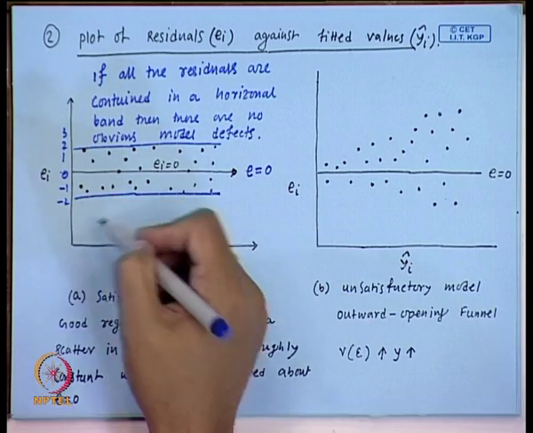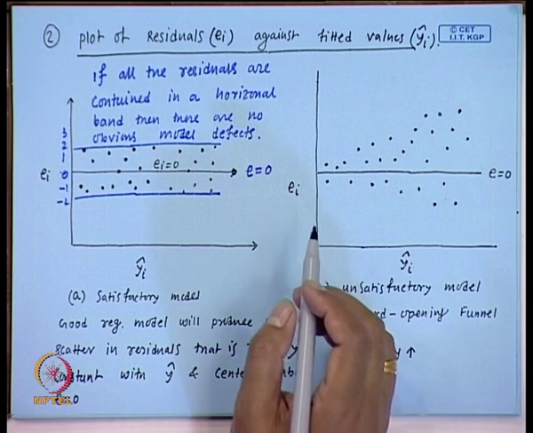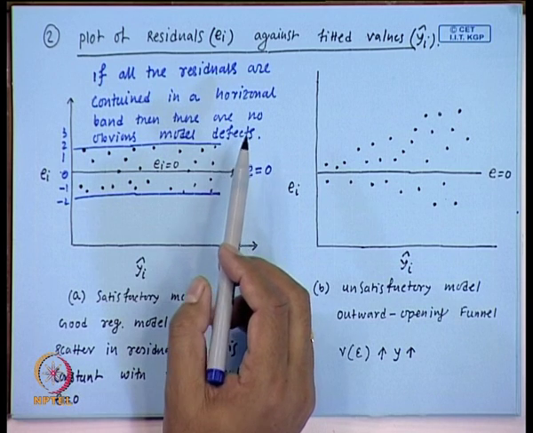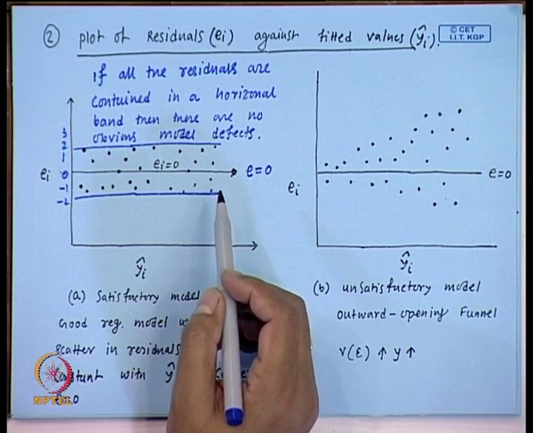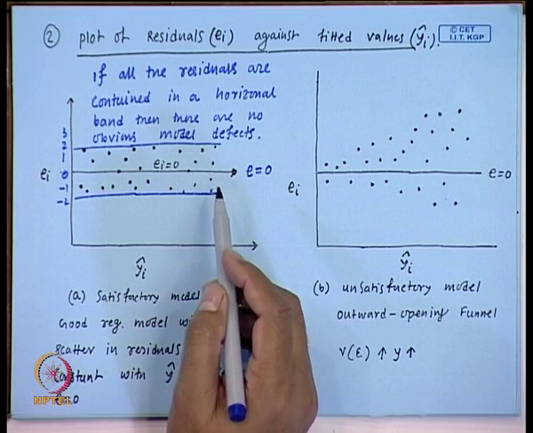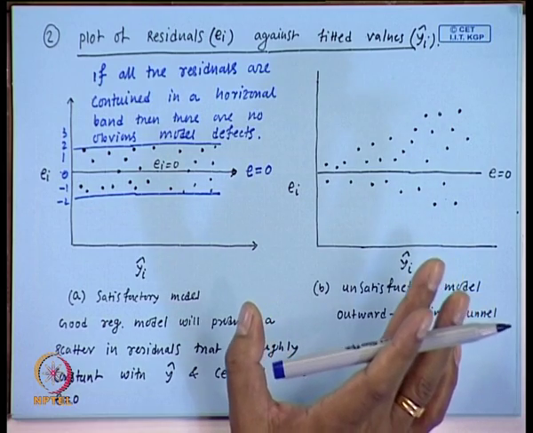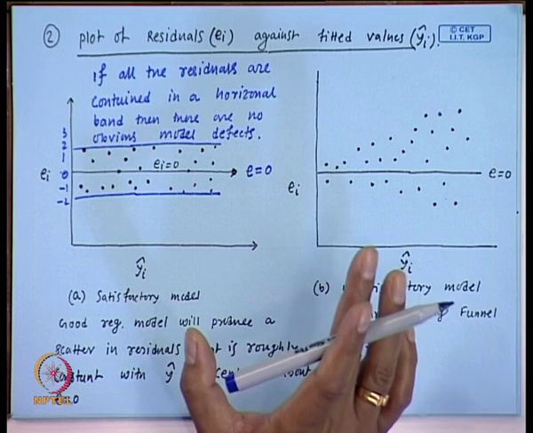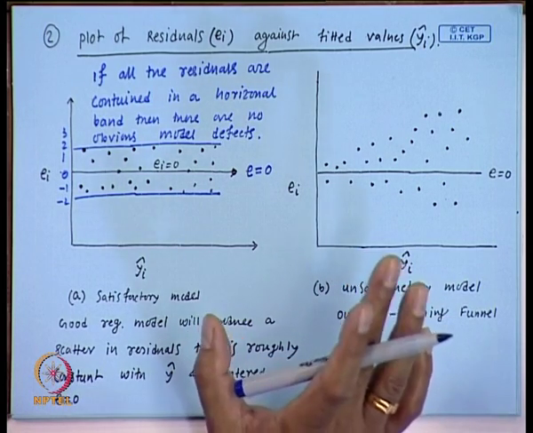Some of the residuals are positive, some of them are negative. You have observed that before also. So, if the residuals are contained in a horizontal band, then there is no obvious defect with the model. That means it's a good fit. So, this is the only situation in which we say that the fitted model is satisfactory. Okay. So, there is no problem with the fitted model.